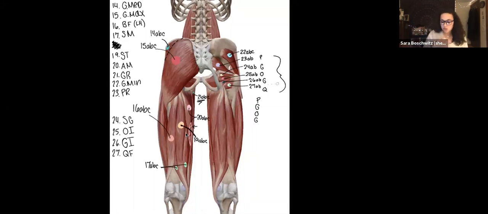It doesn't abduct, just lateral rotation. The P, go, go, Qs all together are going to laterally rotate the hip, right? And then the P, the first go, and the second G are going to abduct the hip as well. Hopefully that's not too confusing.